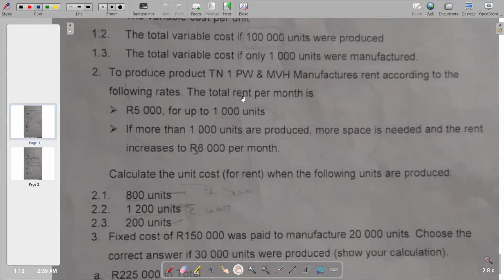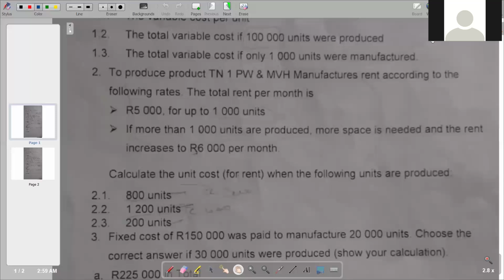We have to take note that rent is also a fixed cost, which doesn't vary with the level of production. But in this case, we are given bands: if production is 1,000 or less, you have a fixed cost of 5,000 rands.